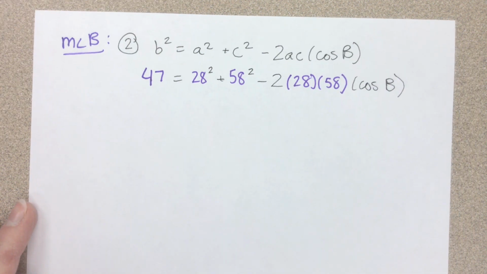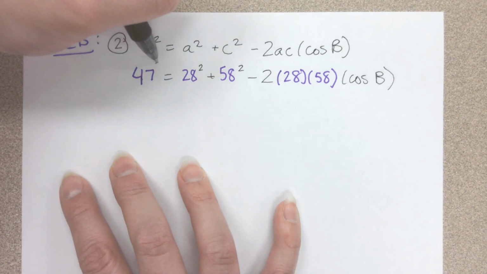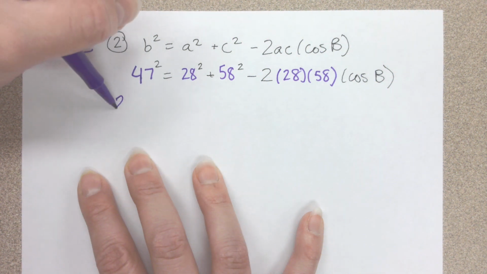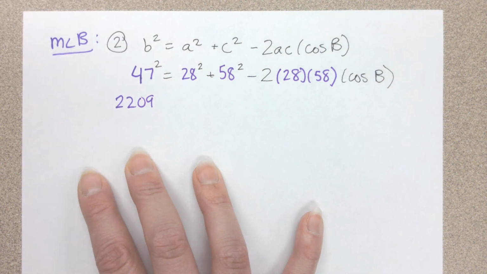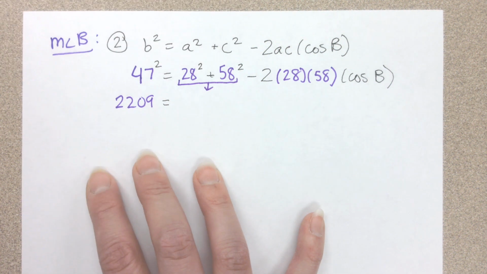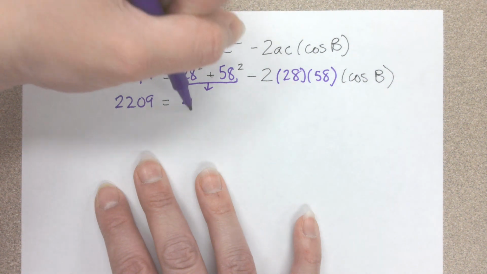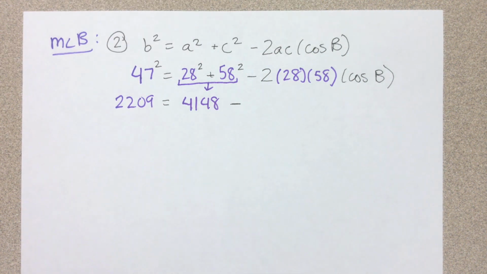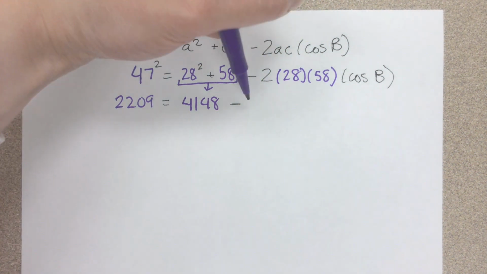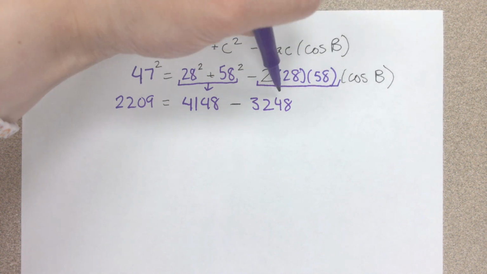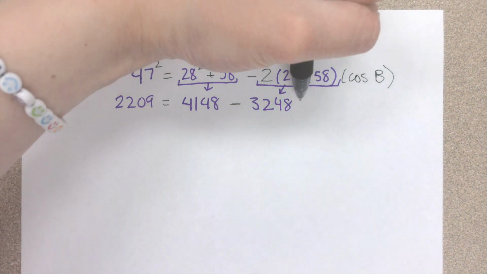Once again, I'm going to do multiple steps at once, and I almost forgot the squared on 47. 47 squared is 2209. Equals, again, I'm going to do these two numbers together, 28 squared plus 58 squared, that is 4148. Minus 2 times 28 times 58, that's 3248 cosine of B.